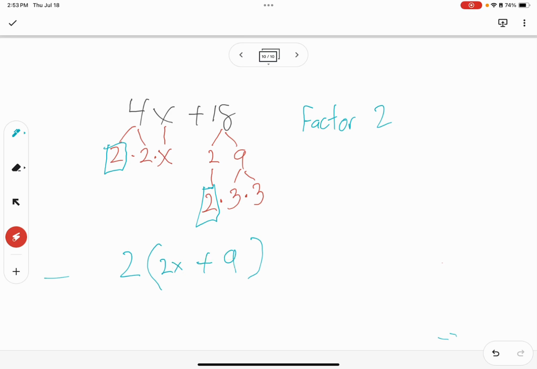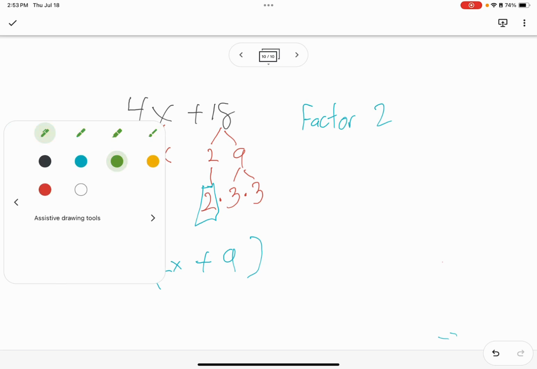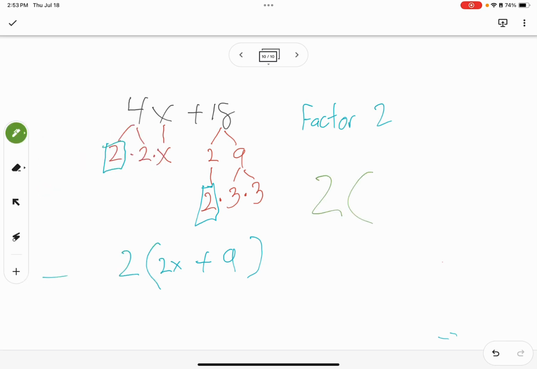The other way, you can just look and say, okay, my factor is 2, so I'm going to write my 2 out here, outside my parentheses. And then what goes in the middle? Well, what can I multiply 2 by to get 4x? Well, I multiply 2 by 2x to give me 4x.